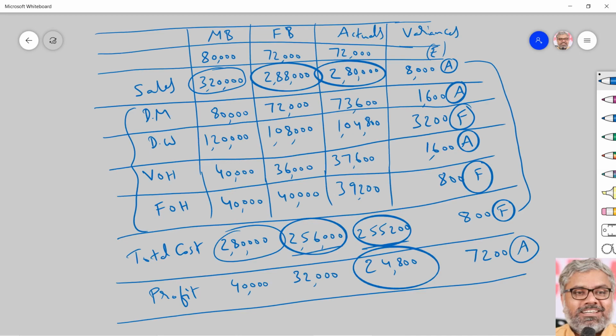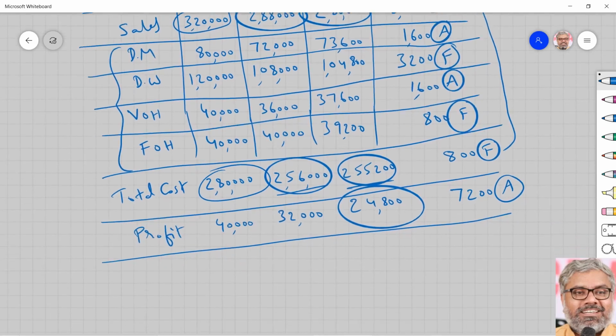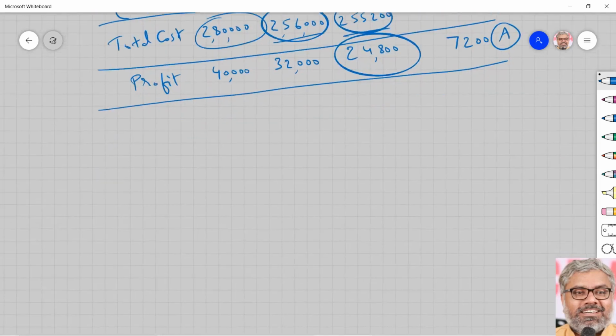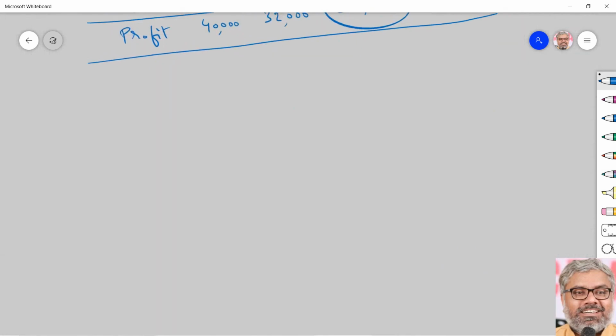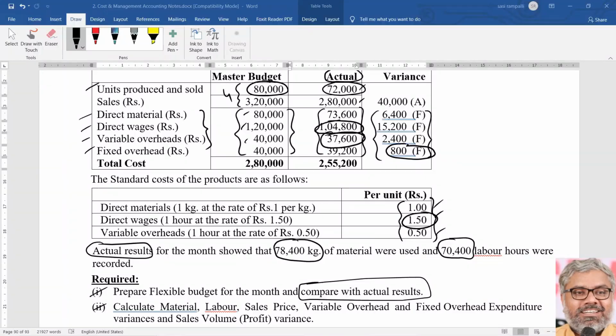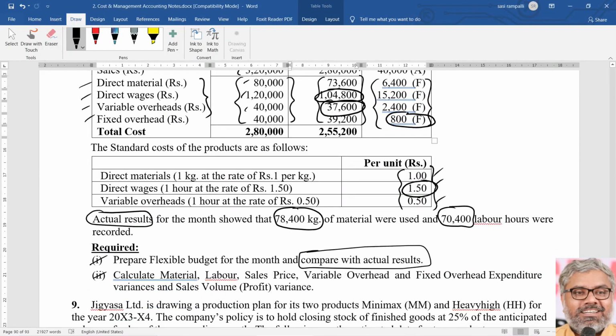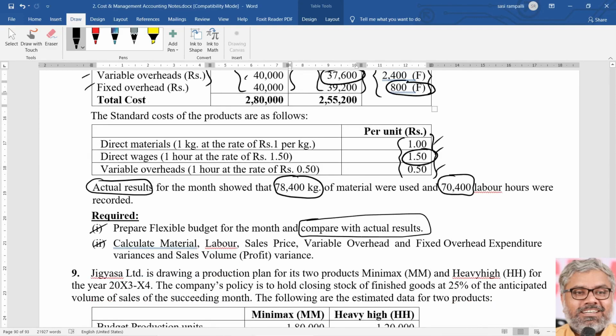That is sales variance, material variance, wages, variable overheads, fixed overheads, everything. Profit variance also is there. But the question is not over. The question is extended to some more detailed variances which were asked here. For example, material variance and labor variance are asked.